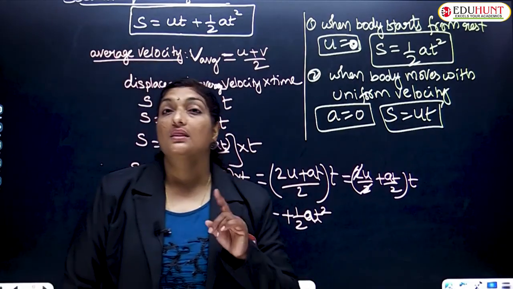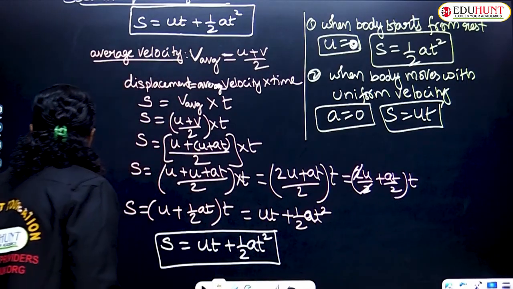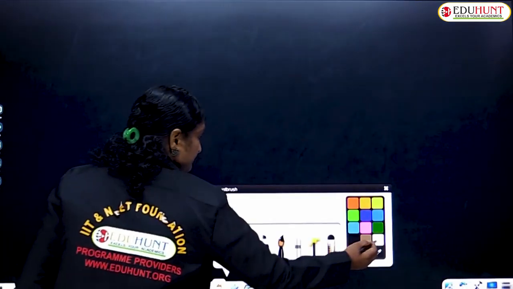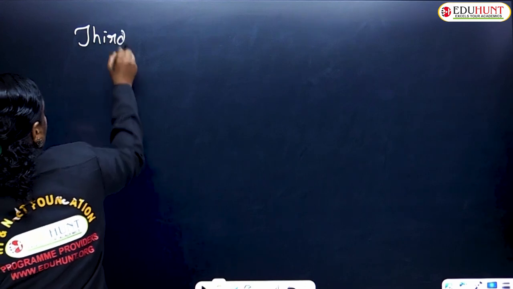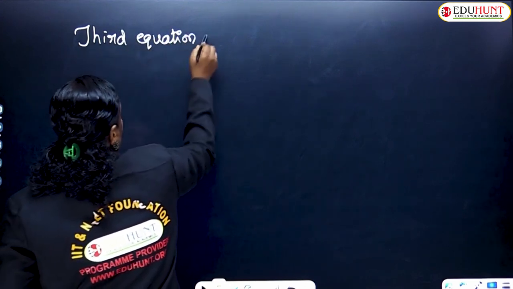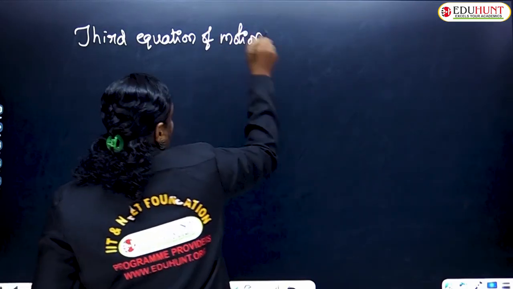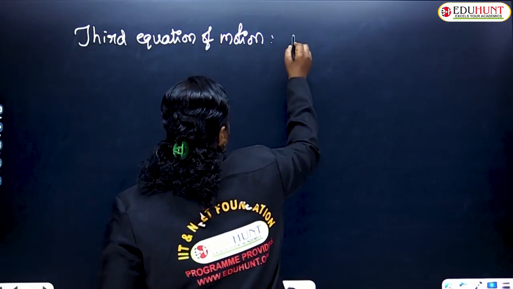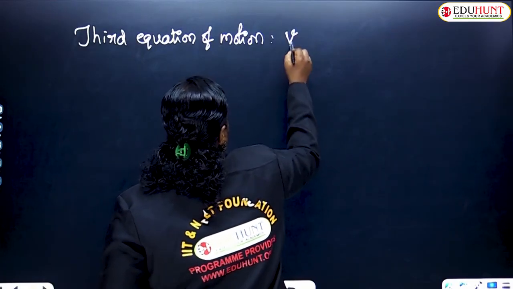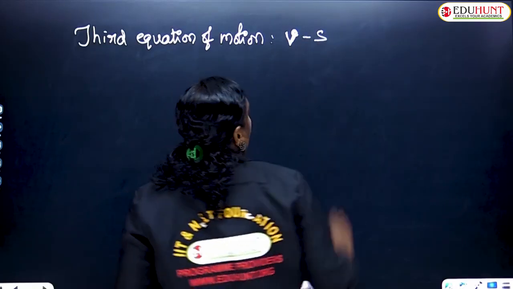Now moving to the third equation of motion in kinematics. This relation gives us the relation between velocity v and displacement.